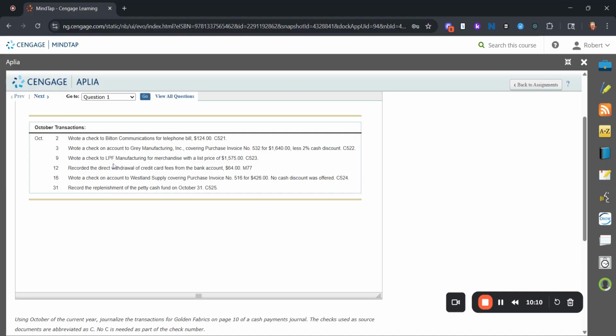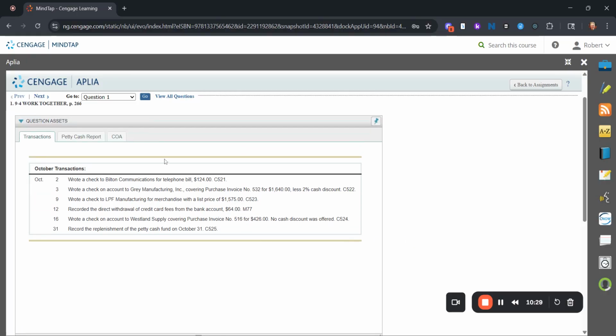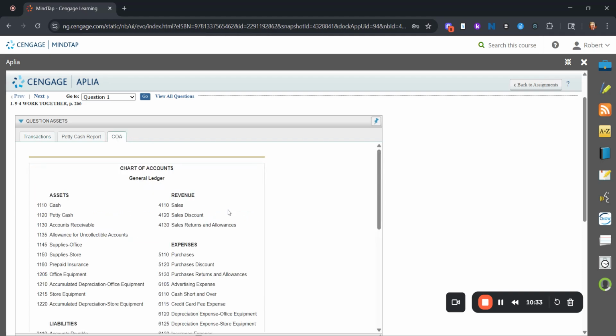And then the next one, wrote a check to LPF Manufacturing for merchandise with a list price of $15.75. Check 523. So let's look at our chart of accounts.